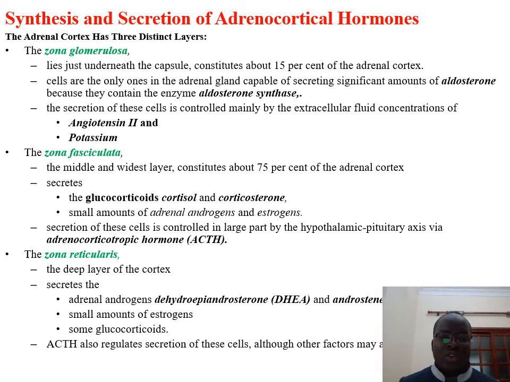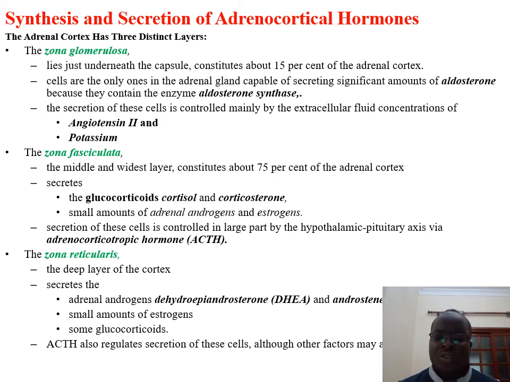The zona reticularis lies deep in the cortex, so it's the deeper layer of the cortex, and it is going to produce androgens. Dehydroepiandrosterone is the hormone produced here, but this is just a precursor of other hormones, so it doesn't have much effect on the body.